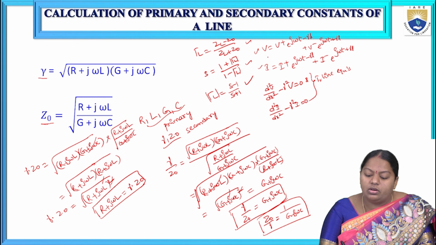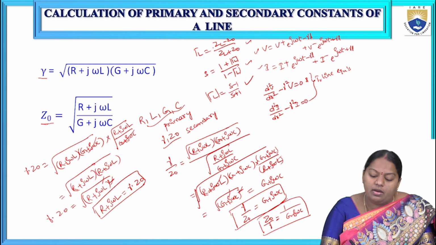So the solutions are given by v equal to v plus e power j omega t minus gamma L plus V minus e power j omega t plus gamma L, and I equal to I plus e power j omega t minus gamma L plus I minus e power j omega t plus gamma L. Depending upon these two, we have considered the maximum amplitudes of the voltages and minimum amplitudes of the voltages.